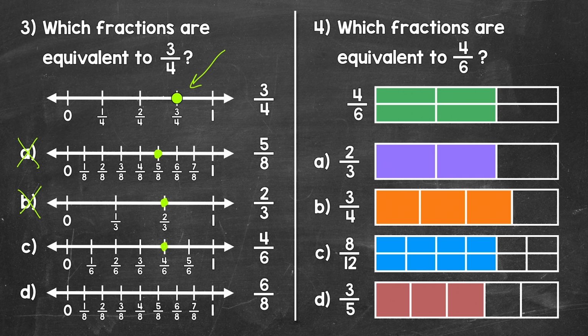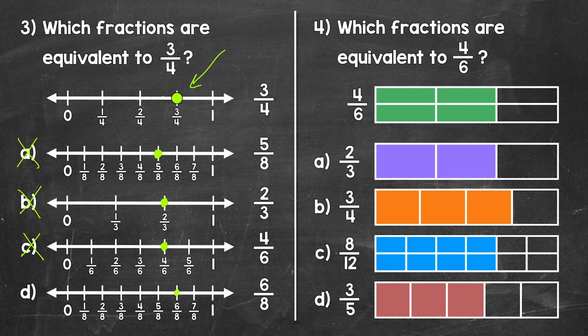So is 4/6 equivalent to 3/4? No, it's not in the same place on the number line. So this is not equivalent. Now I do want to mention, looking at 2/3 above, notice that 4/6 and 2/3 are equivalent though, but that's not our question here.